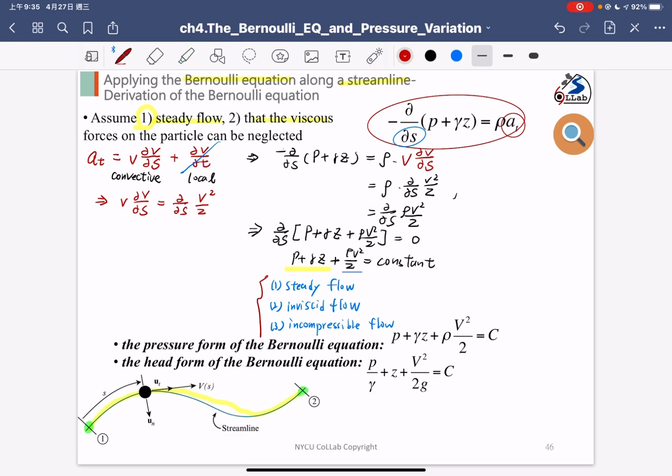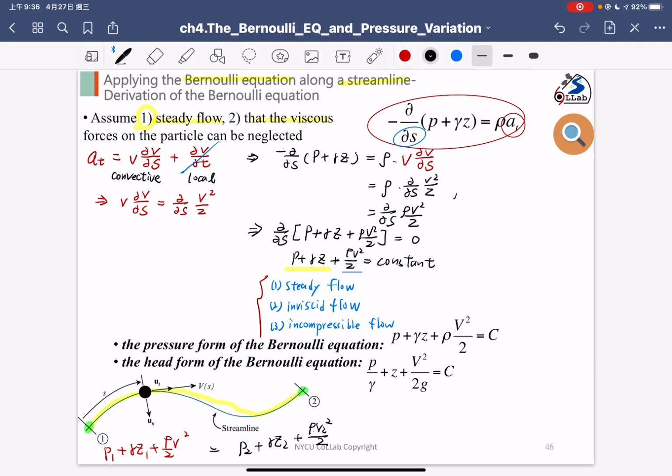That indicates P1 plus gamma Z1 plus one half rho V1 squared will always equal point 2: P2 plus gamma Z2 plus one half rho V2 squared.